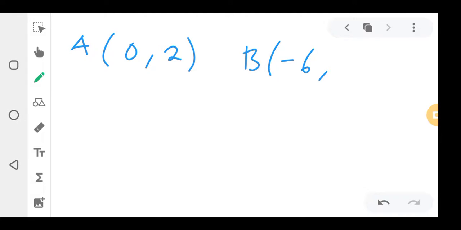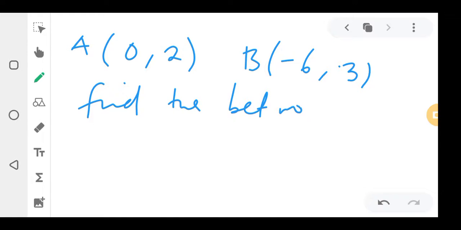For example, they give you point A is 0, 2. Then point B is -6, 3. Okay, and then they say find the distance between A and B. The same principles, only that the distance formula is different.